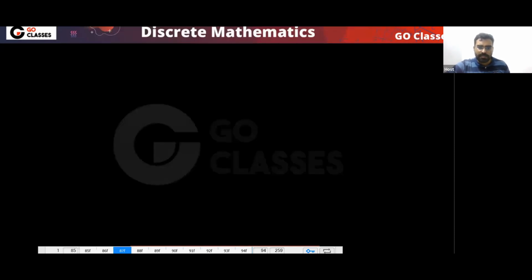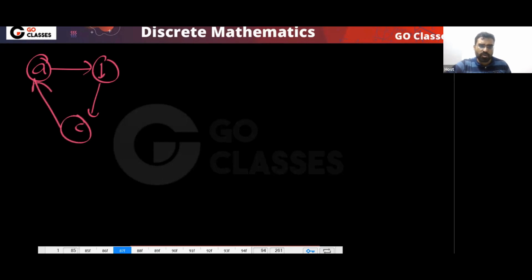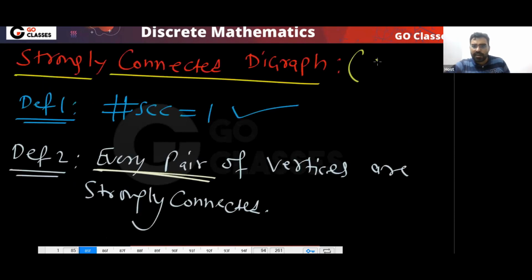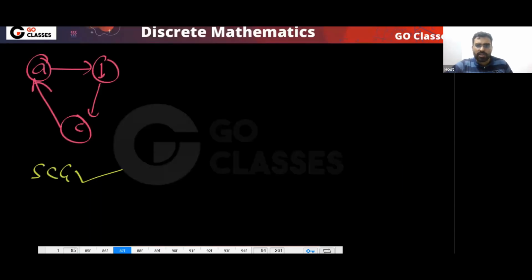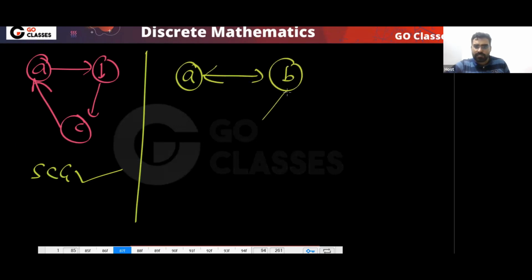So the definition is very simple. Let's see this one: A, B, C. Is this strongly connected? Can I say this is a strongly connected graph? Yes, this graph is strongly connected. Now you notice one more thing. This is also a strongly connected graph.